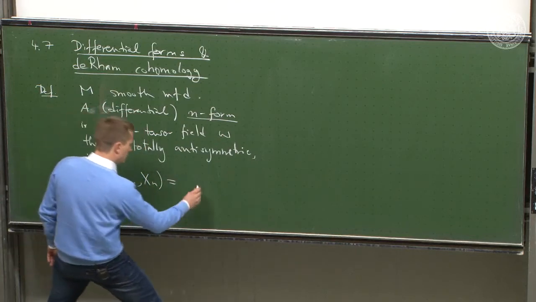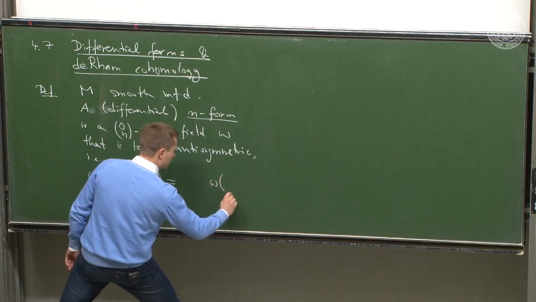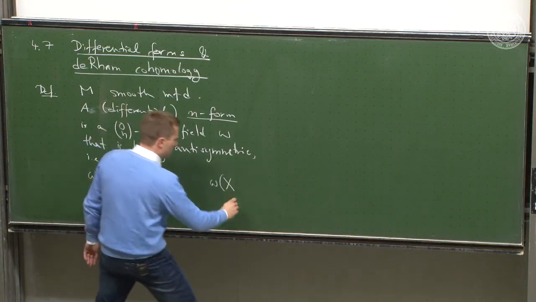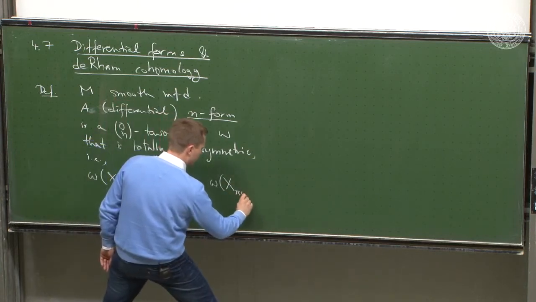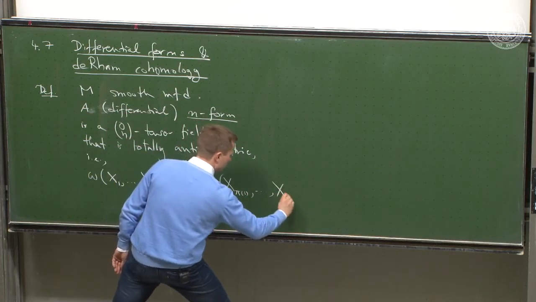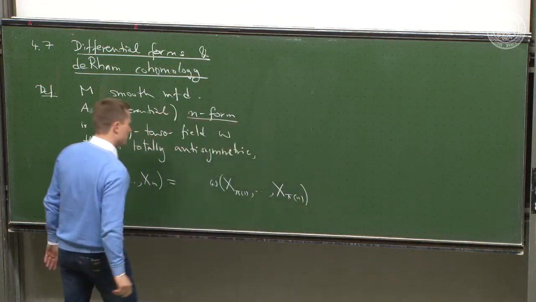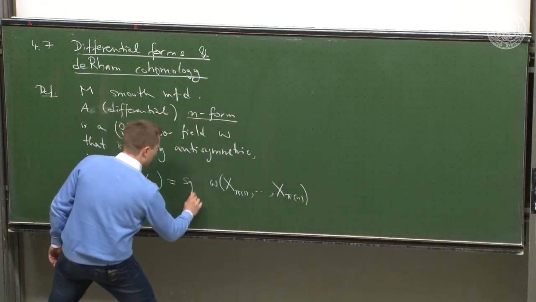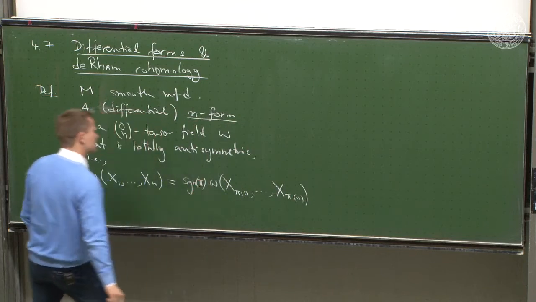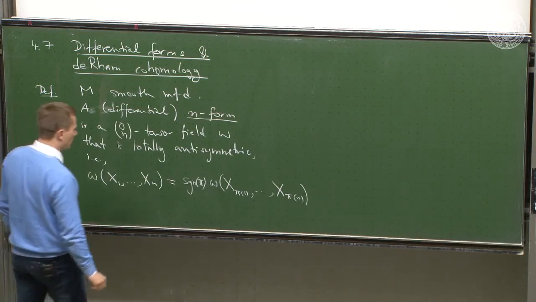More formally, if you consider omega but you permute the vector fields by some permutation pi, so you look at the entries X pi(1) to X pi(n), then you pick up a minus sign depending on whether the signature of your permutation is even or odd.